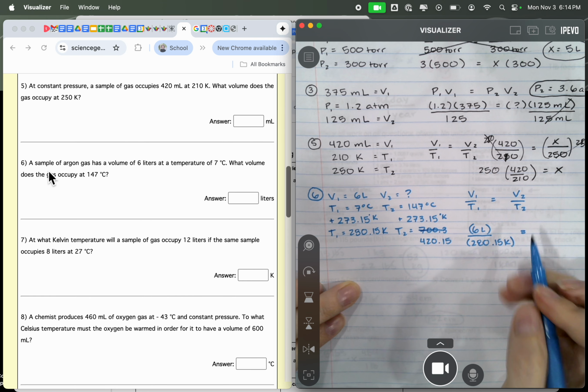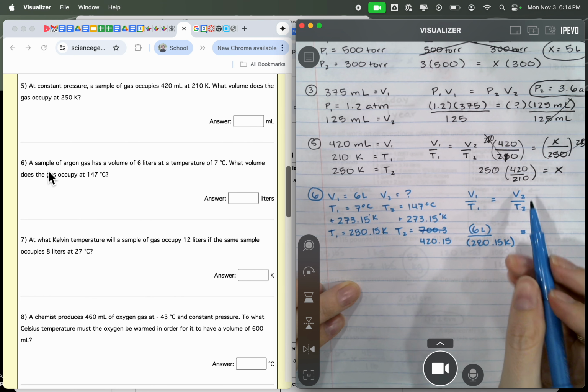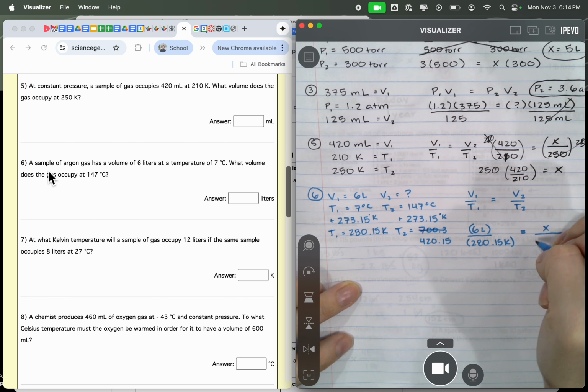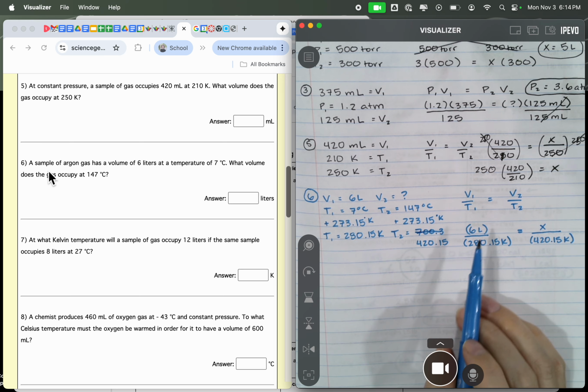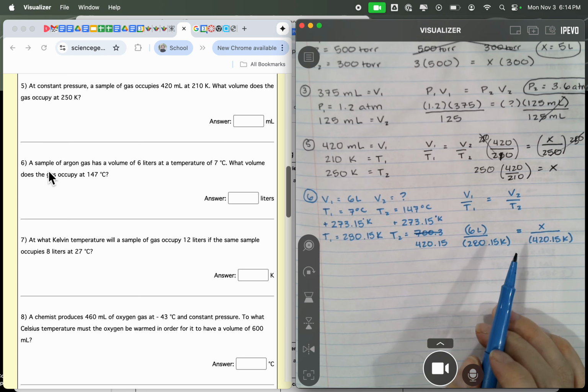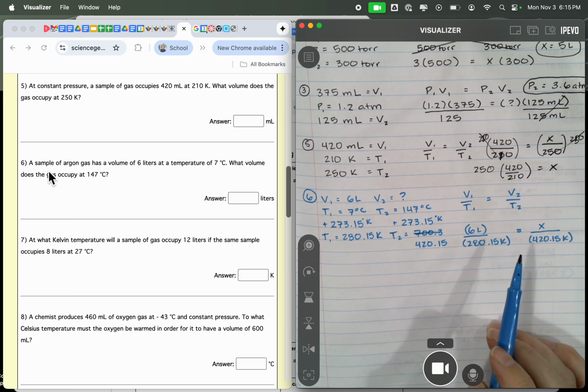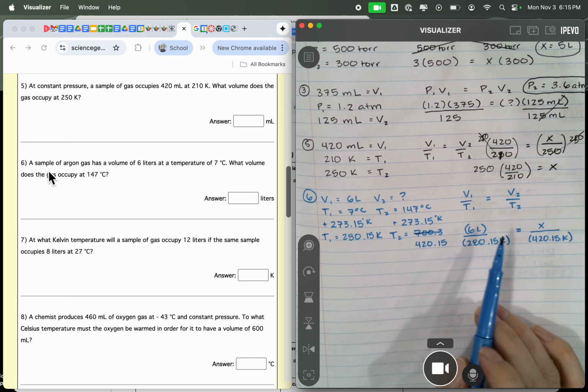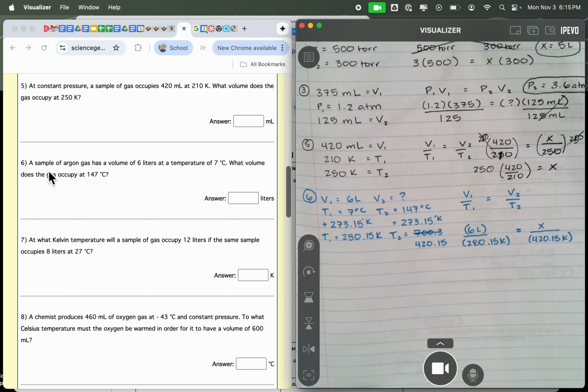And I know that that's going to be equal to V2 over temperature 2. We don't know V2, that's our X in this problem. But temperature 2 is 420.15 Kelvin. You don't have to write the parentheses. Again, that's just a habit that I've gotten into because as you go down the line in chemistry, you'll sometimes need to leave things in parentheses to make your life easier. At this point, you don't really need to.